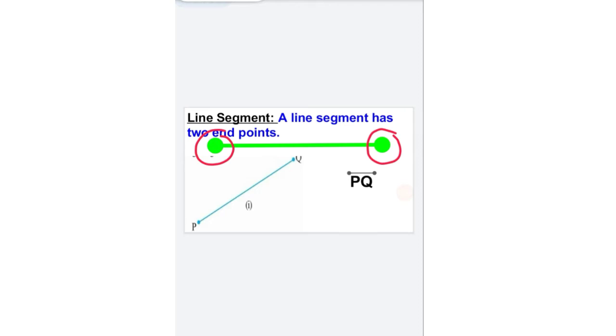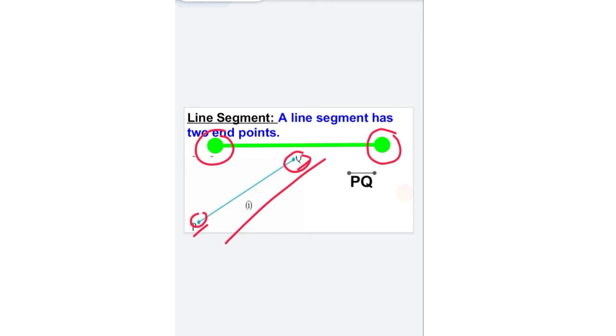It is fixed within its own length. Okay, now you can see an example, PQ. It is a line segment. You can see that on the P as well as the Q side we have dots, and these dots mean that this line cannot be extended from either of the endpoints.